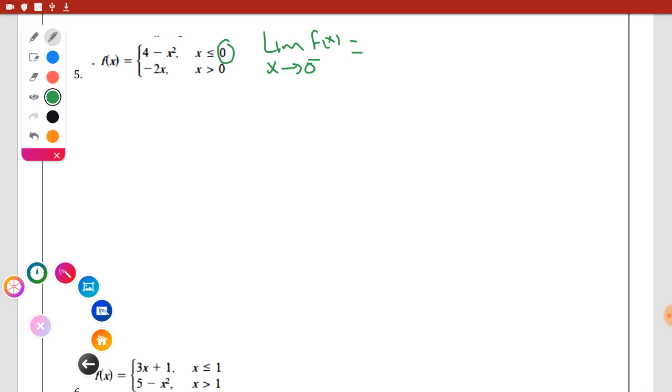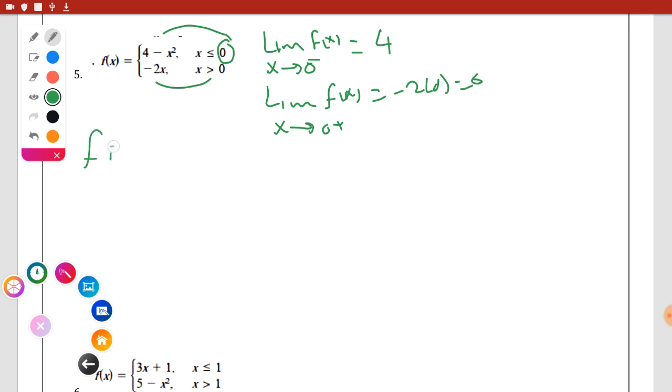Here I just replace, and it will be 4. The limit of f(x) when x approaches 0 from the right, I replace in this rule, it will be negative 2 multiplied by 0, so it will be 0. Since the limit from the left does not equal the limit from the right, the function is not continuous at x equals 0.